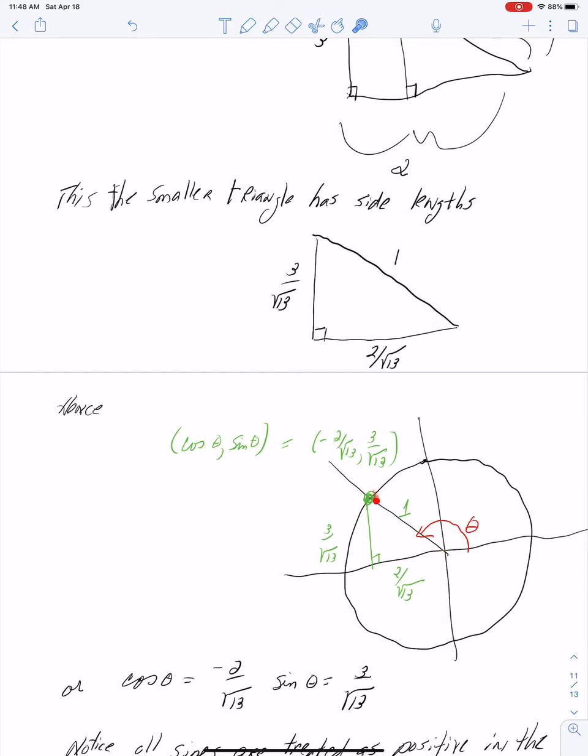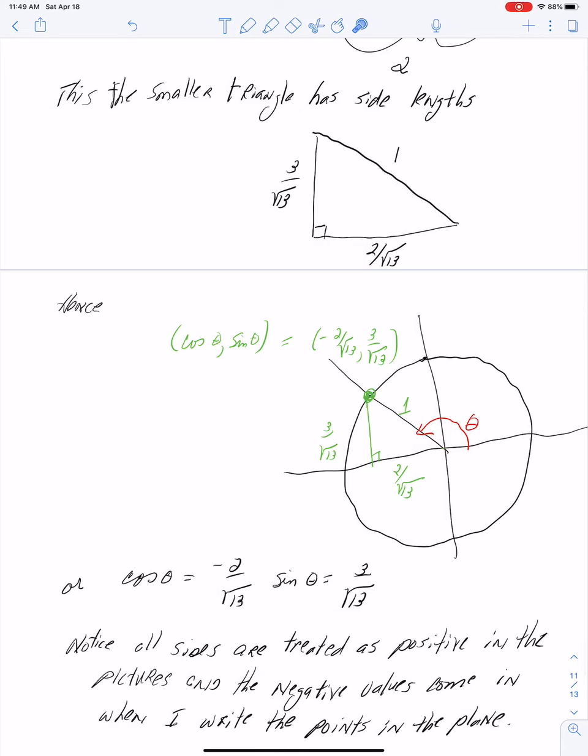This point corresponds to cosine theta, sine theta. But I know the coordinates of this point, because what's the x? Well, it's just this value, except it's negative because it's in quadrant 2. What's the y? It's exactly this length right here, 3 over the square root of 13.